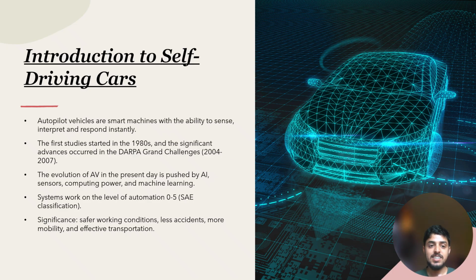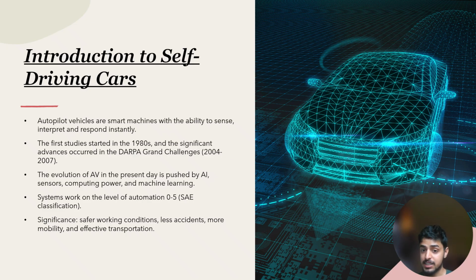Let's go to the second slide, the introduction to self-driving car. Self-driving car are one of the most advanced example of intelligence system because they integrate perception, reasoning, and decision-making capabilities to operate autonomously. Their development date back to early experiment in the 90s with the significant breakthrough during the DARPA Grand Challenges in the 2000s.